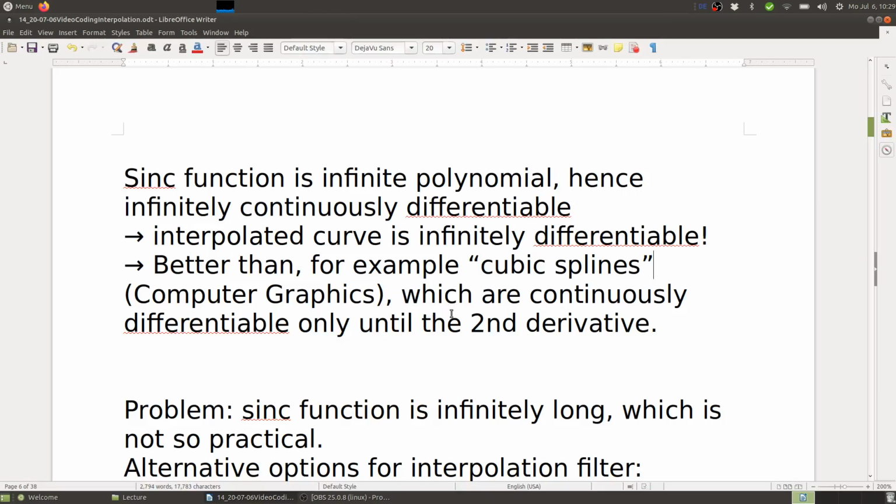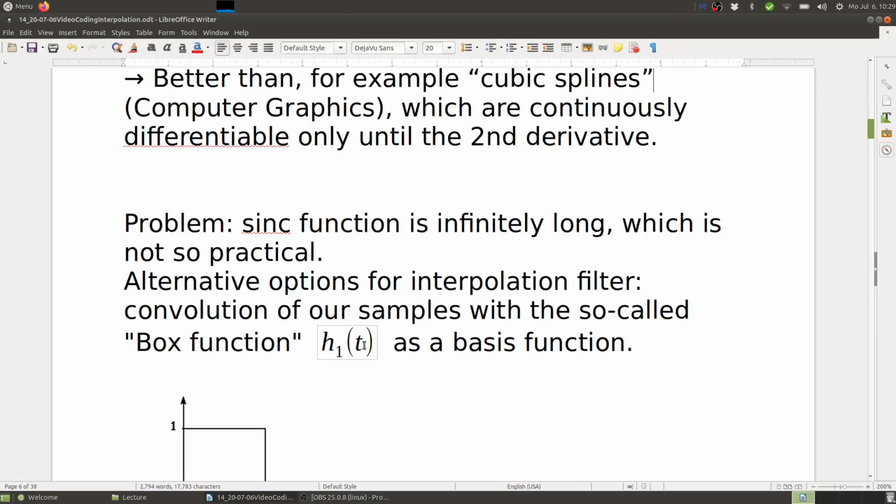And they are continuously differentiable only until the second derivative. So it's quite a lot lower, but it turns out it's good enough for computer graphics. And the thinking is, if it's good enough for computer graphics, then it should also be good enough for video, right? So why take something complicated as the sinc function if we can do it simpler?